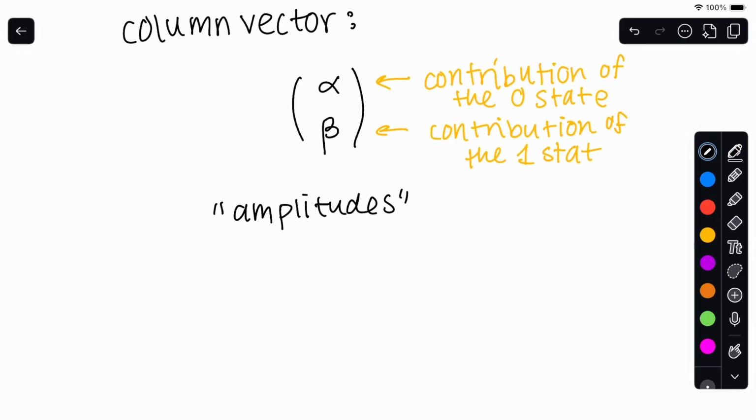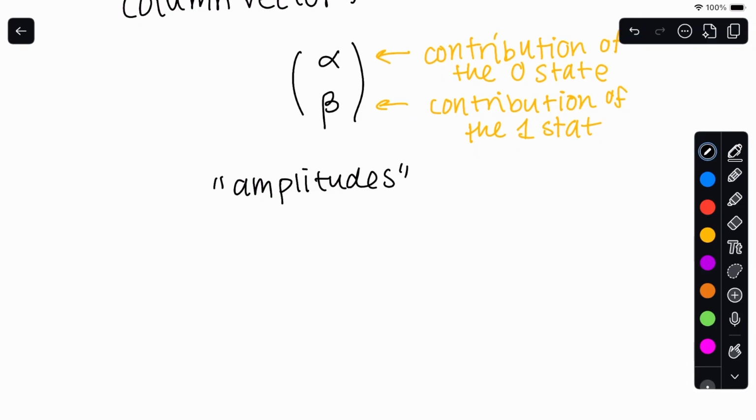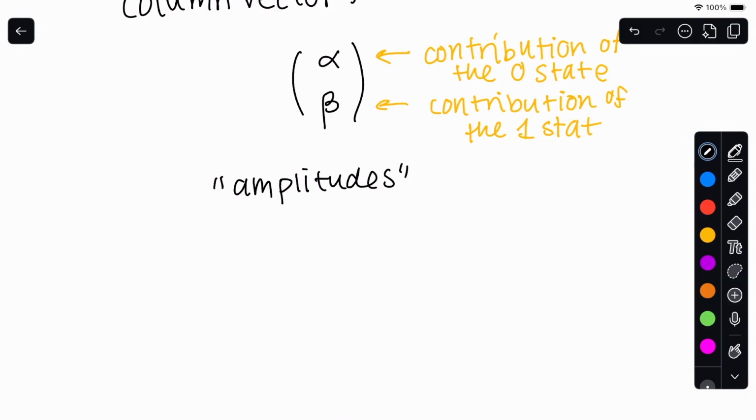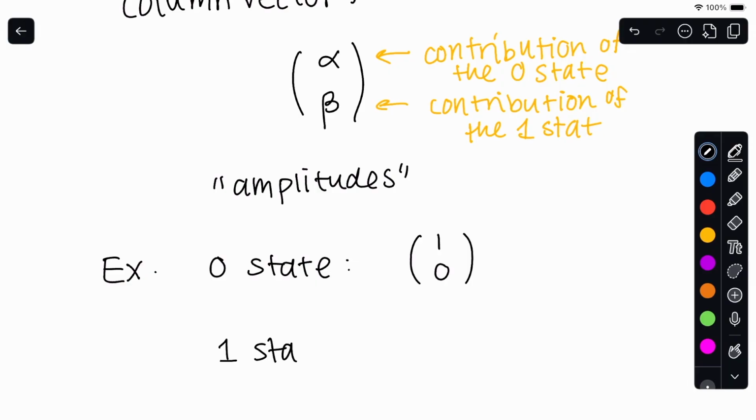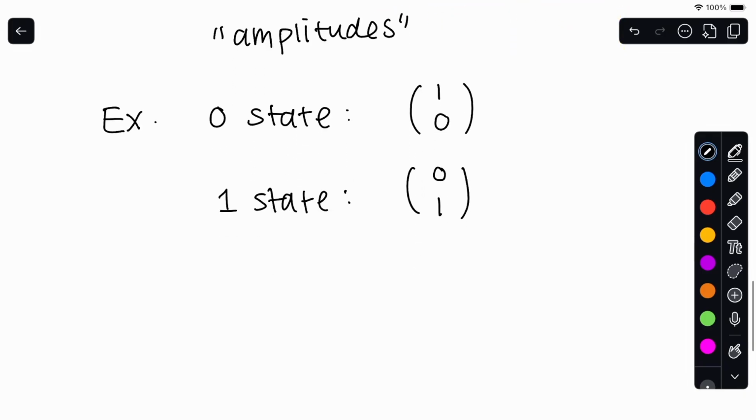So we can pretty easily say what our 0 and 1 states are, because the 0 state should be full contribution from the 0 state and no contribution from the 1 state, and vice versa for the 1 state. So our 0 state should be the vector 1, 0, and our 1 state should be the vector 0, 1. Now I could ask you, what if I write down this vector, 1, 1?